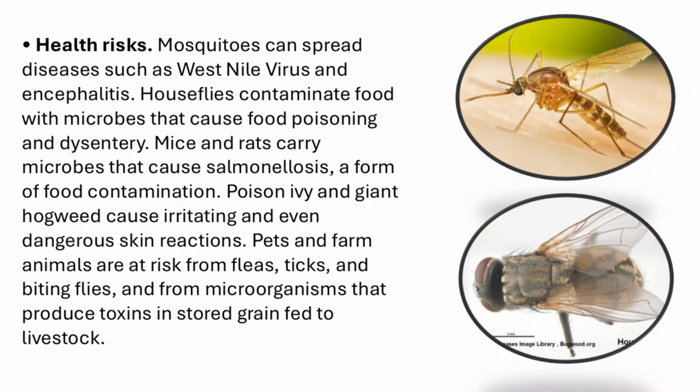Poison ivy and giant hogweed cause irritating and even dangerous skin reactions. Pets and farm animals are at risk from fleas, ticks, and biting flies, and from microorganisms that produce toxins in stored grain fed to livestock.